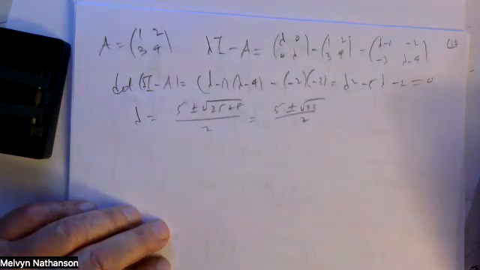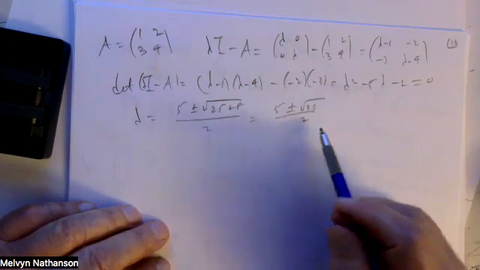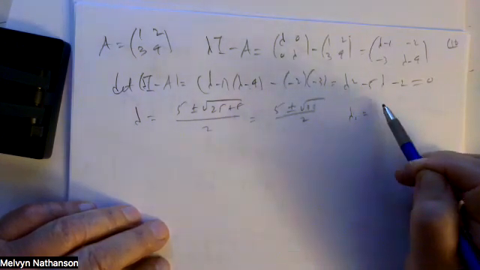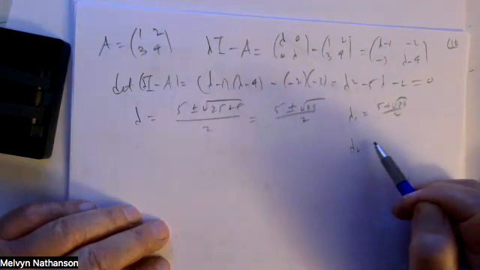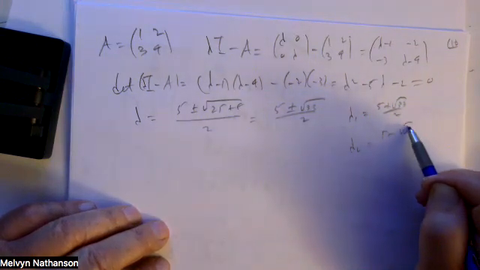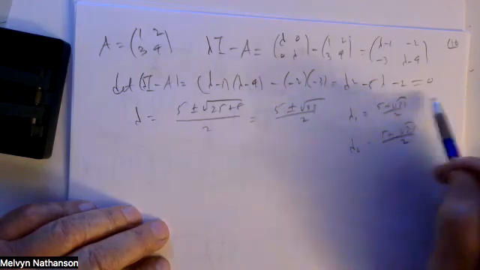So we have these two eigenvalues. Lambda 1 is 5 plus root 33 over 2. And lambda 2 is 5 minus root 33 over 2.